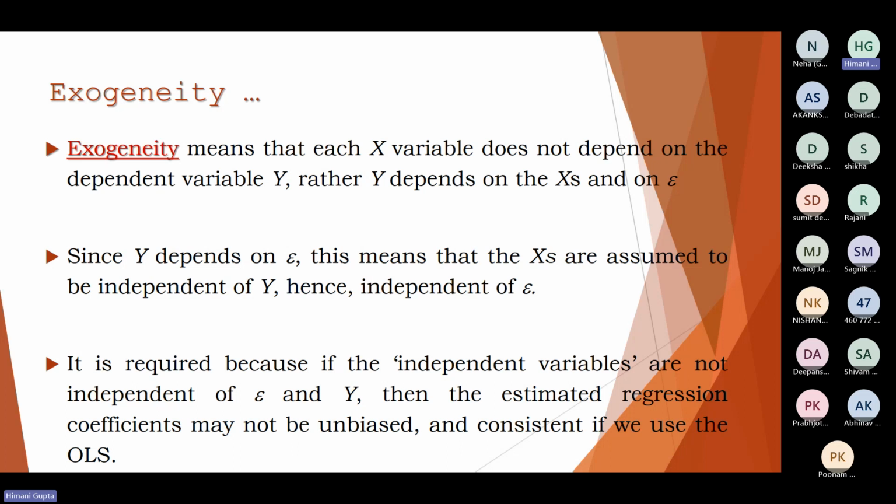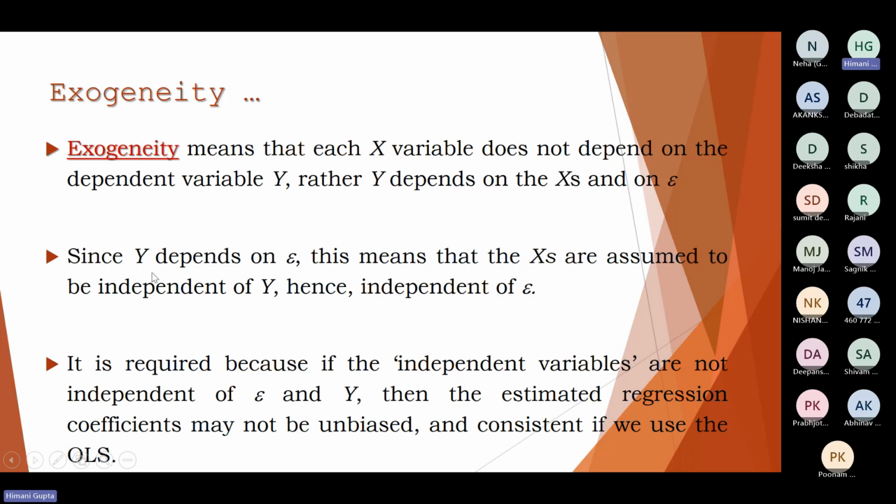As age changes, blood pressure changes. I cannot say that due to blood pressure, age is changing. Due to the independent variable, the dependent variable is changing, not the other way around. So the x variable does not depend on y; rather, y depends on x, and y also depends on your error term.